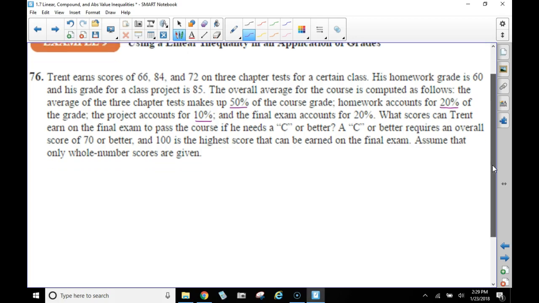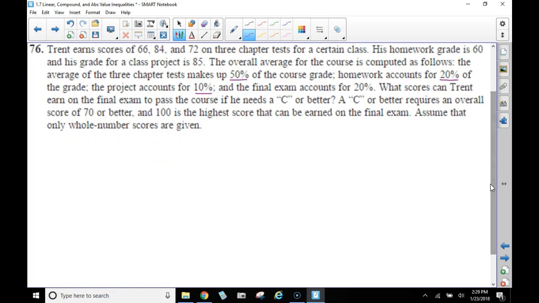Now, what we're going to do is calculate this weighted average. The way this is going to work is you're going to take 50% of the chapter tests. So let me write this as 50% of the tests.